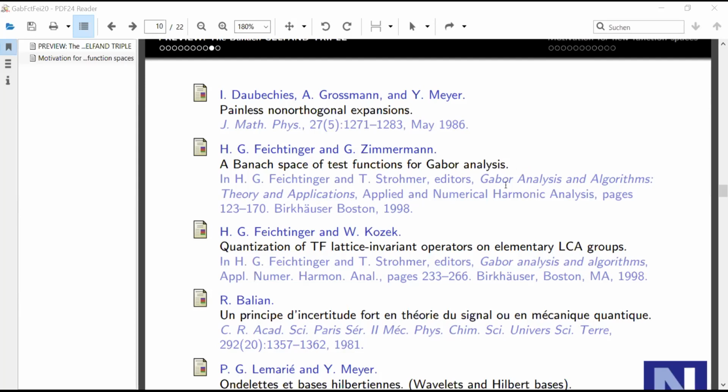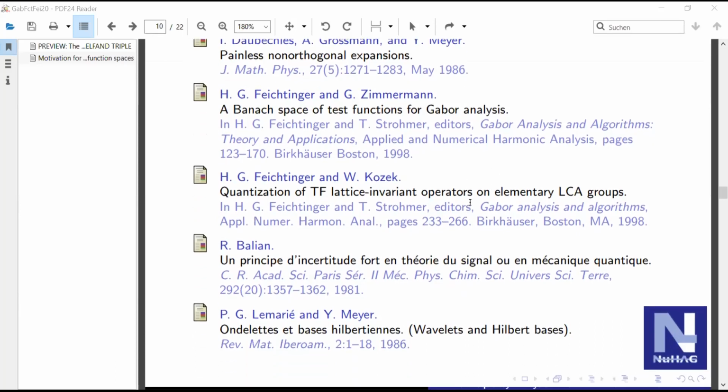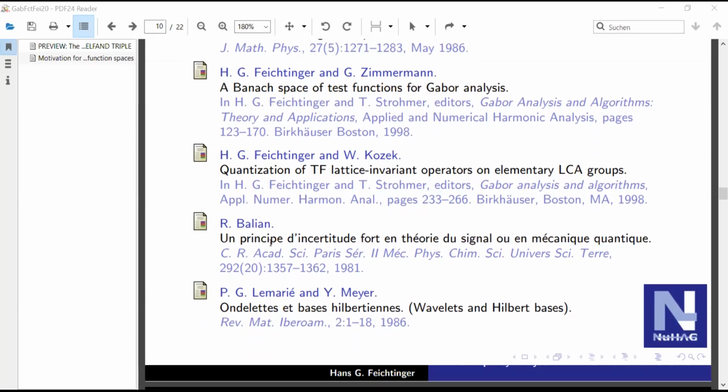So these are just further illustrations and indications of the early papers, because the Balian theorem was a result saying that in the context of time frequency analysis, one could never get an orthonormal basis of time frequency shifted elements.